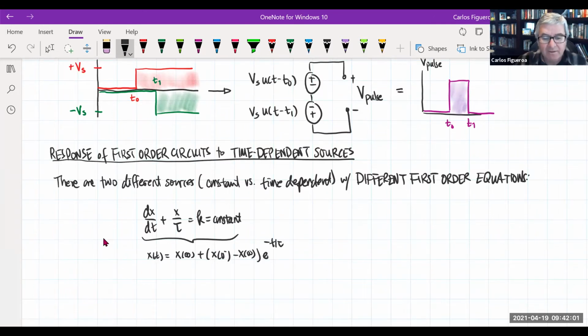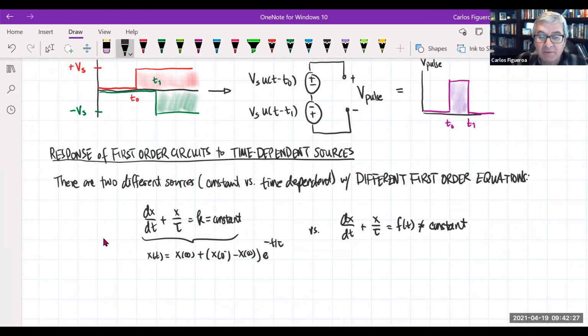Right? Very clean solutions. Now what you're going to find here is that we don't have a constant source, but our first order equation looks like this now. It's still going to have this form, but now we're going to have a function of time. And this guy is not a constant source.